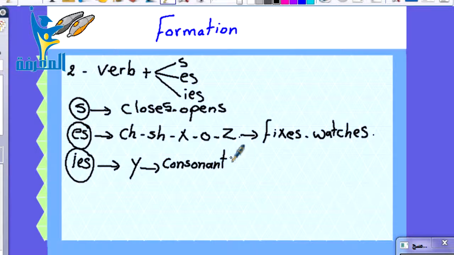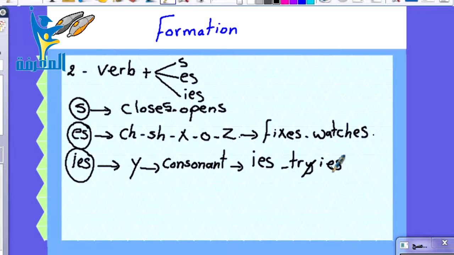As we know, in our phonetic transcription we have consonants and we have vowels. If the verb has Y at the end of it, and before the Y we have a consonant, we shall replace Y with I and put ES. Like try. It ends in Y. So we omit the Y and change it into IES.